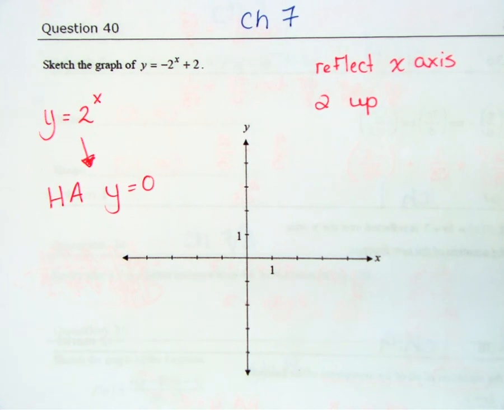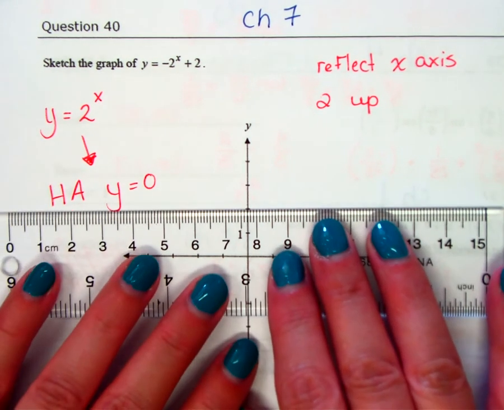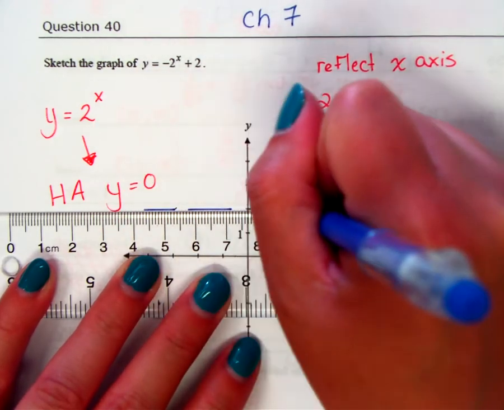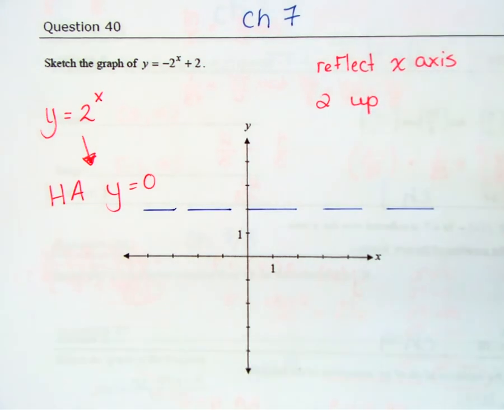Logarithmic graphs have the vertical asymptotes. Okay, go ahead and graph it. You can do a table if you want. I might just do transformations. So where's my asymptote going to be? If it was at 0 and you said go 2 up, my asymptote's also going to go 2 up.